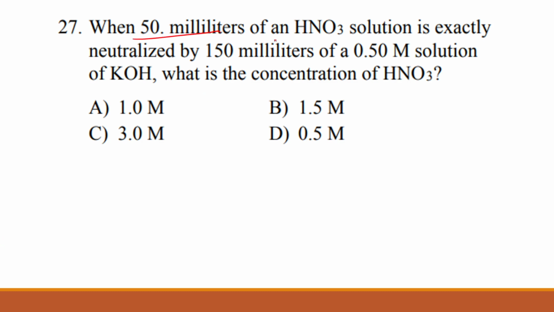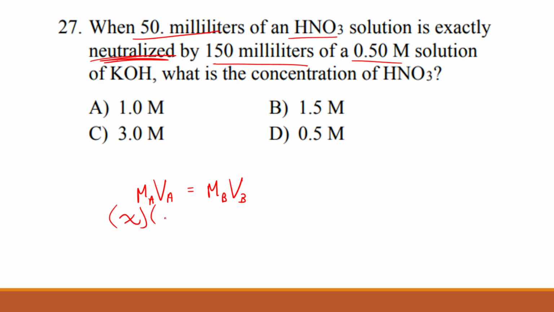50 milliliters of an HNO3 solution is exactly neutralized, keyword neutralized, by 150 milliliters of 0.5 molar solution of KOH. So again, 3 of our 4 pieces, and they're asking us to solve for our 4th, right? They say 50 milliliters.